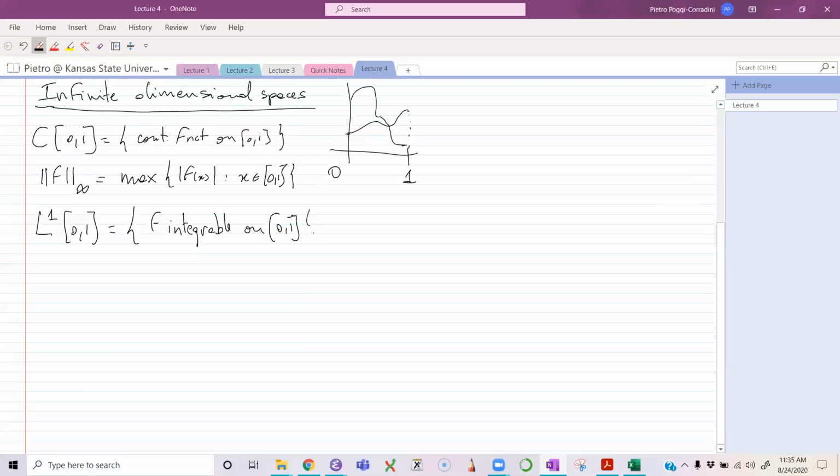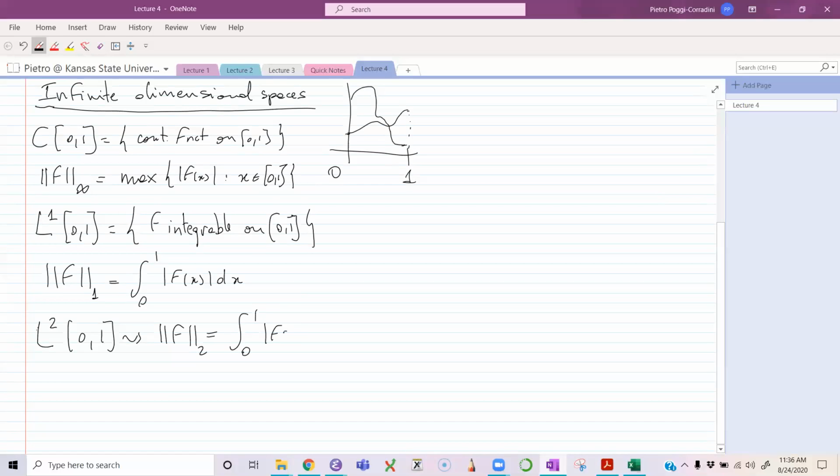The L1 norm here is just the integral of |f(x)|. Maybe more famously, L2 of [0, 1] consists of integrable functions, and the 2 norm is the integral of f squared dx, and then you have to take the square root.